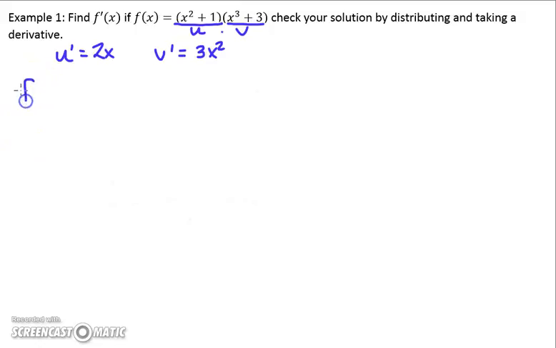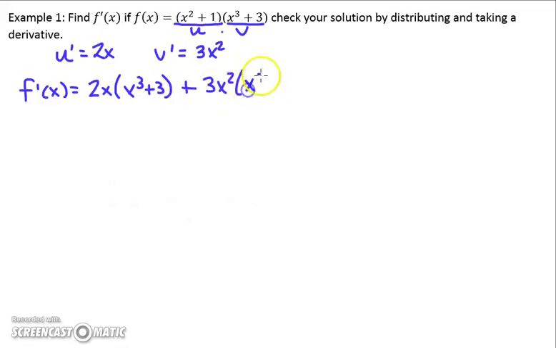So we can now start to build our derivative. f prime of x is going to be u prime, so 2x, times v, x to the third plus 3, plus v prime, 3x squared, times u, x squared plus 1. Generally speaking, if this were a multiple choice question on the AP exam, they tend to leave it like this. But since our directions want us to check our solution by distributing, let's go ahead and distribute now so our answers will match.